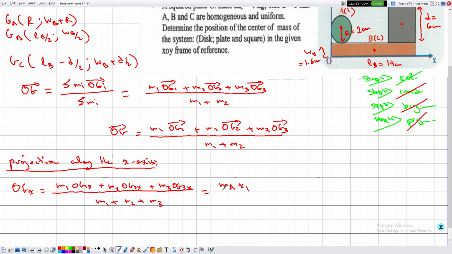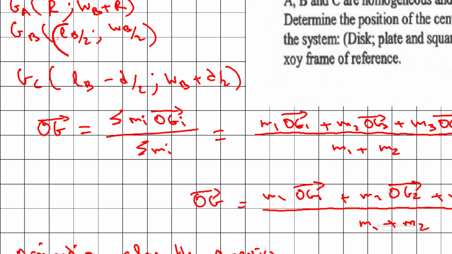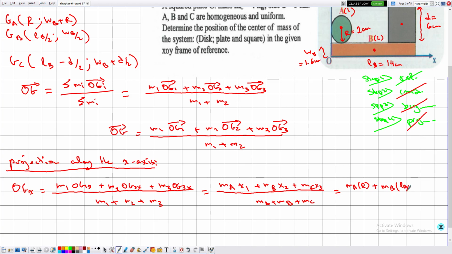OG1x is simply given by x1 because we are measuring G1 with respect to the origin O, plus M2 x2, so M2 is given by MB, x2 plus MC x3 divided by MA plus MB plus MC.